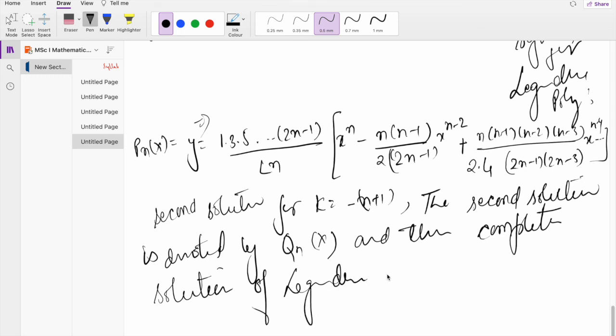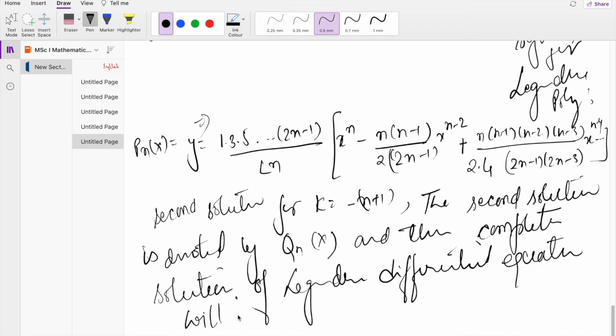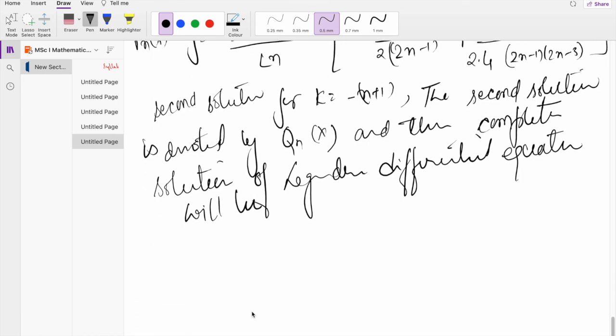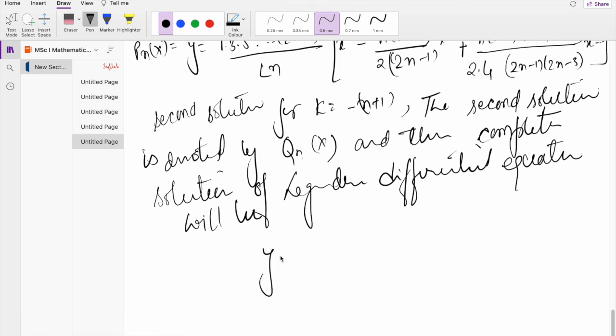y equals to c1, some coefficient, Pn(x) plus c2 Qn(x). So this is the complete solution.